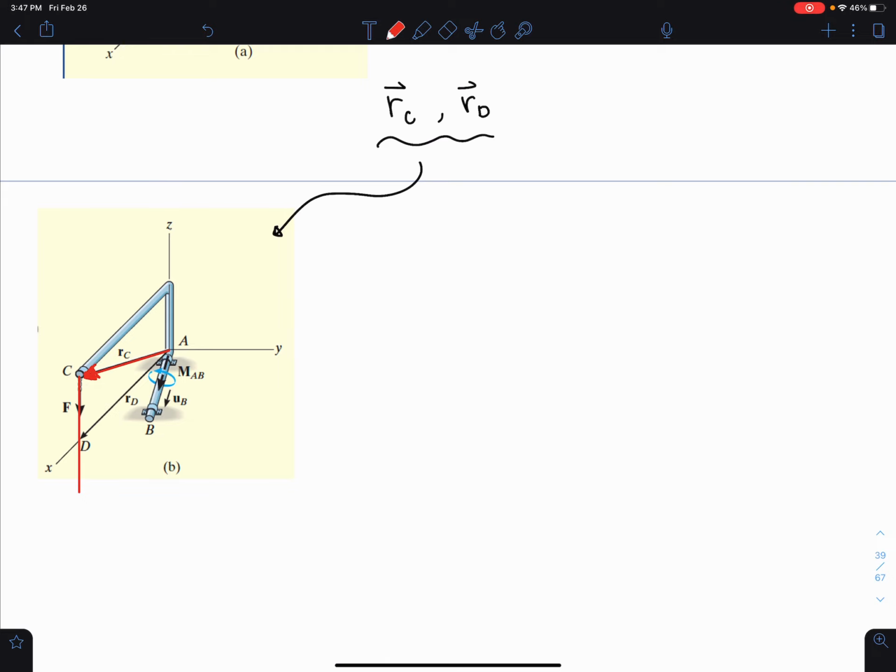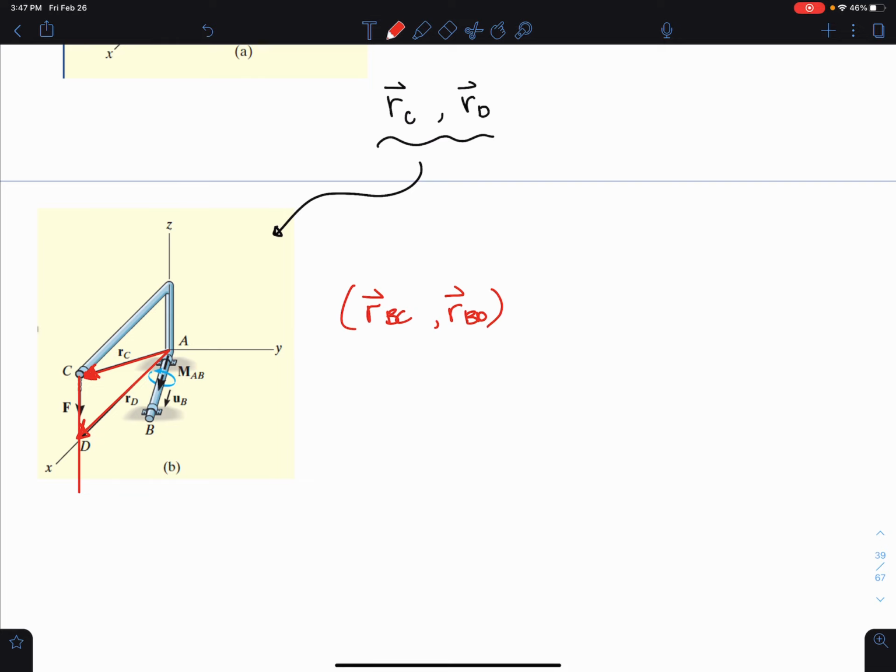It's directed from the AB axis, so this is point A, to the line of action, that's correct, but we could also use RD. This is another option. We could also use any other R vector that acts along that area. So it can be R from B to C, or R from B to D. These are all possibilities that can be used.